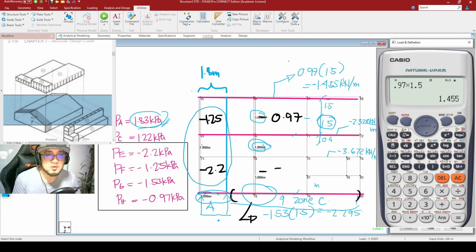So from that, guys, I would now be clicking wind Z1 or WZ1 here, and I will be clicking add.